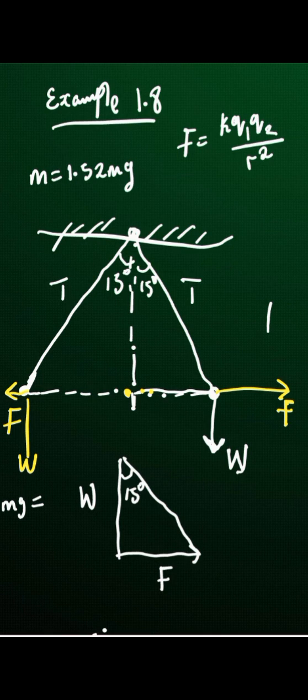Here, our mass, that is m, is equal to 1.5, right? They already give us m in milligram, so we have to convert from milligram to kilogram, not gram. To convert from milligram to gram is 10 raised to the power minus 3. Then converting from gram to kilogram is another minus 3.